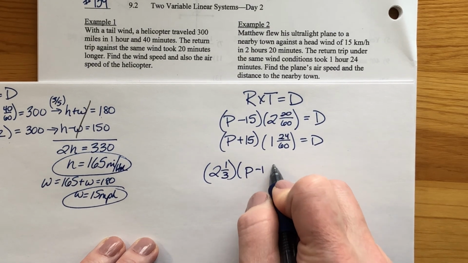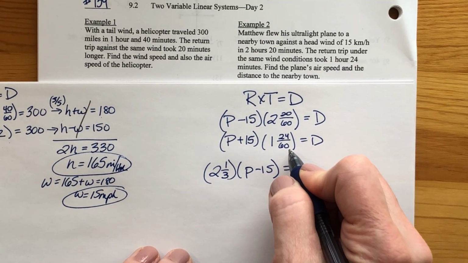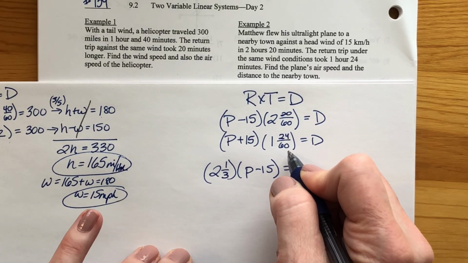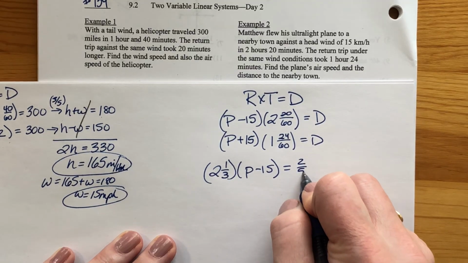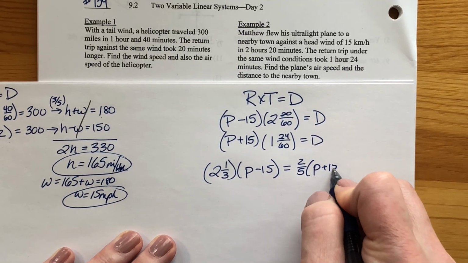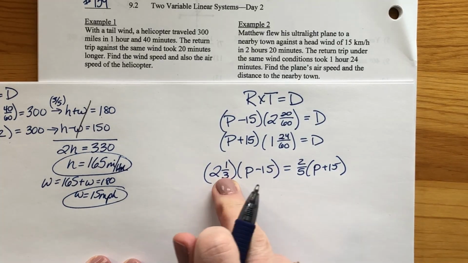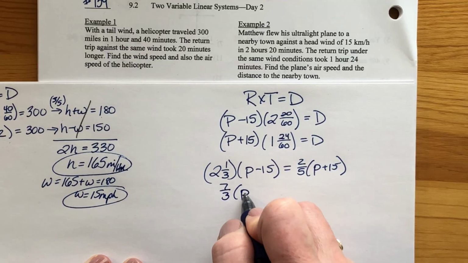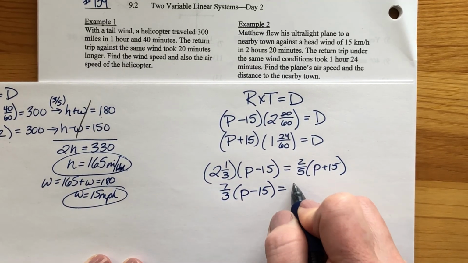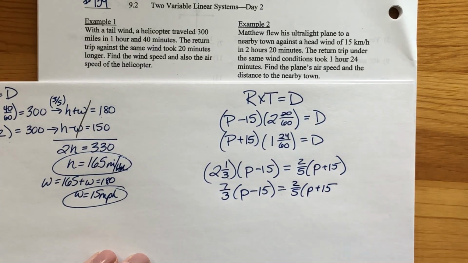Times P minus 15 equals, and then over here, 24 out of 60, that would be 2/5 times P plus 15. Ew. I don't have a mixed number and a fraction. Let's make this 7/3 times P minus 15 equals 2/5 times P plus 15. Do you notice how I'm down to just one variable at this point?